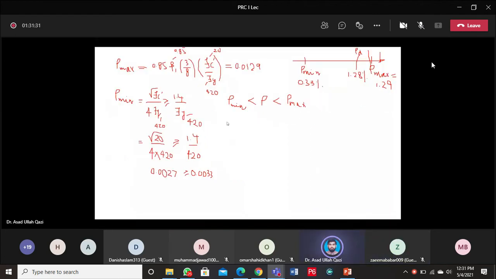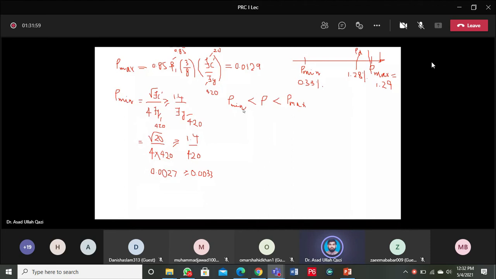So in a way, I am successful that the rho is below rho max and it is above rho minimum. Now there is one more additional check which is important, just for your cross check. As a matter of fact, design is now complete because we have established that rho is within the domain.